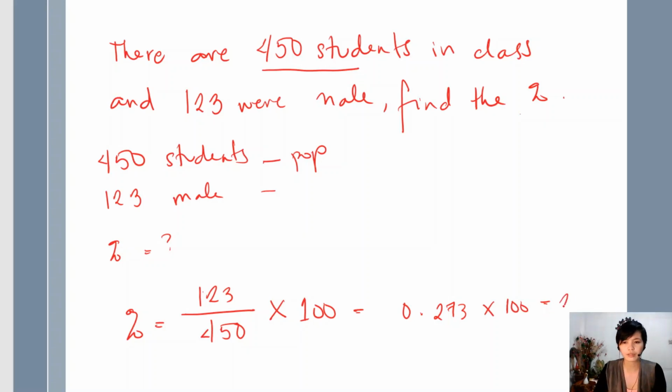Therefore, your answer is 27.3%. Then you have to include percent at the end of your final answer. So 27.3% were male students. You have to be specific in your general answer.